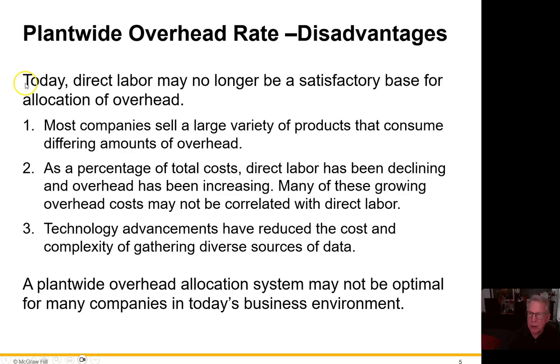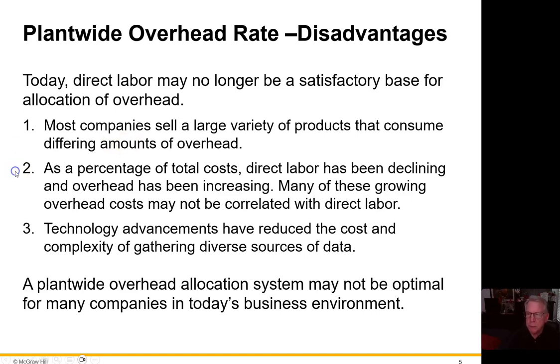The disadvantages of the plant overhead rate are that today direct labor may no longer be a satisfactory base for allocation of overhead. Why? Number one, most companies sell a large variety of products that consume different amounts of overhead.